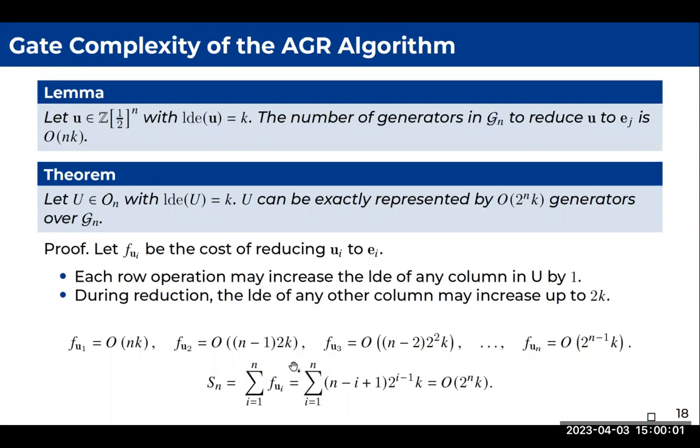Now, analyzing this from the first column to the last column, you'll actually have this exponential size, and by summing them up, you'll get 2 to the power of nk. So this tells us that in order to reduce the complexity of the AGR algorithm, we may want to think of a smarter way to do the synthesis globally instead of looking at every column step by step.